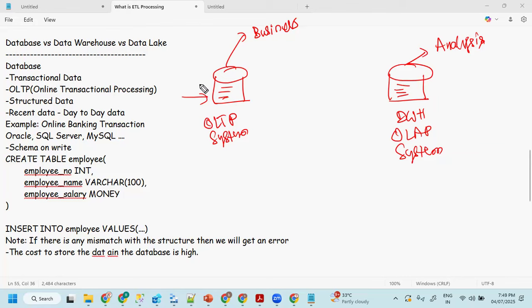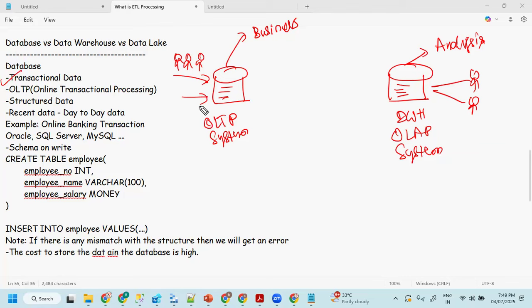All the business customers are going to use this system, but this one, business users are going to use. The people who are part of the business use it to analyze their business.